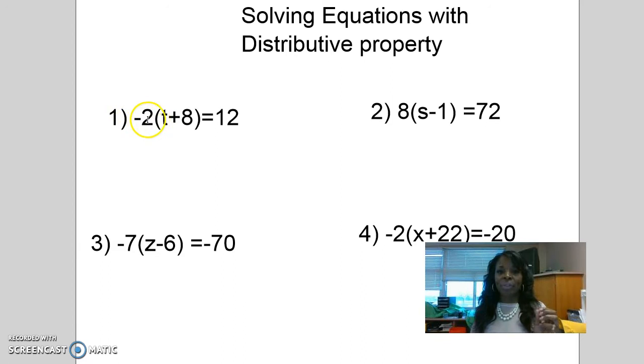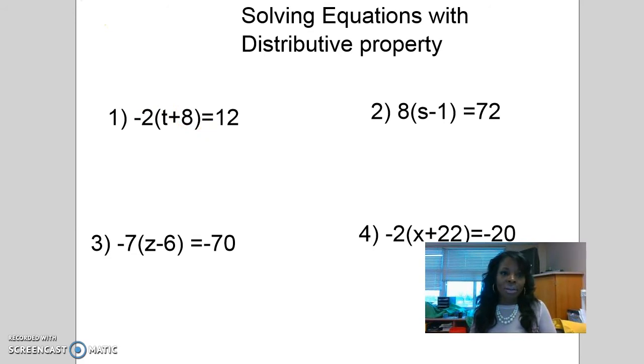But guess what? I have distributive property. And with distributive property, I know that this means 2 sets are -2 times the quantity t plus 8. So I have a -2 times the t, and then I have a -2 times the 8. That's what that means, right?